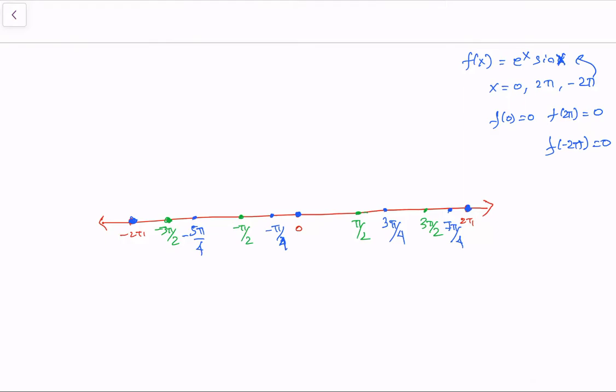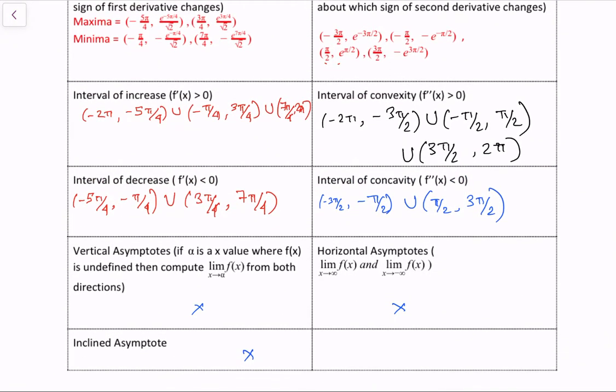Alright, now the question is, what is the function doing between negative 2 pi and negative 5 pi by 4 in this interval? So if we look into the interval of increase, we will see that between negative 2 pi and negative 5 pi by 4, the function is increasing.